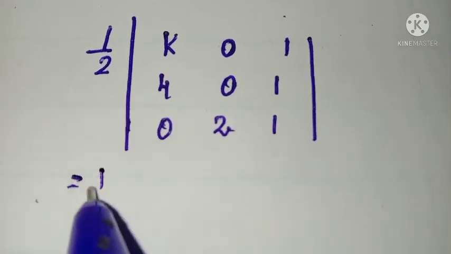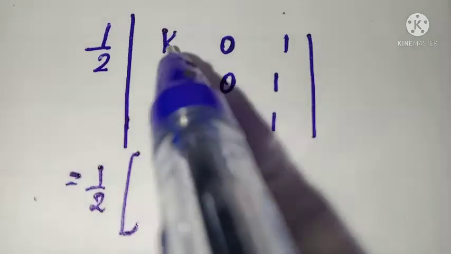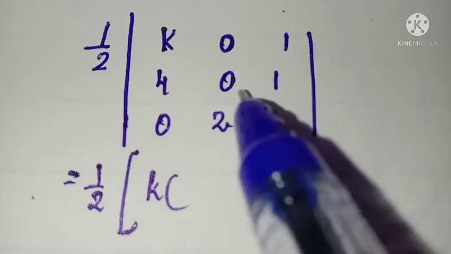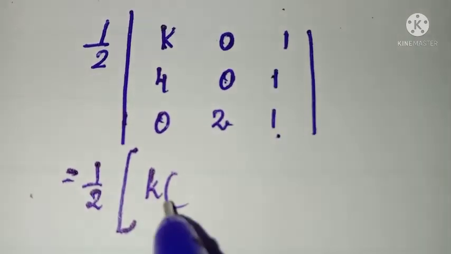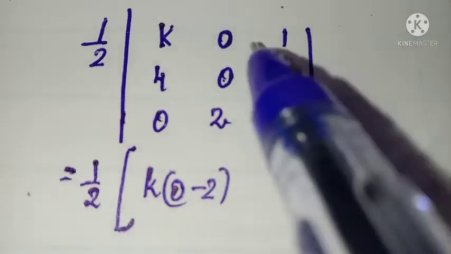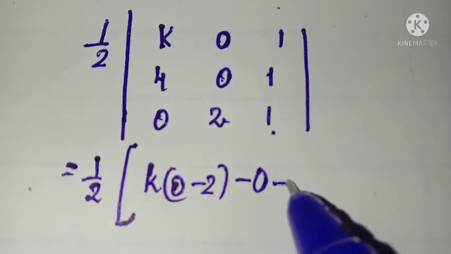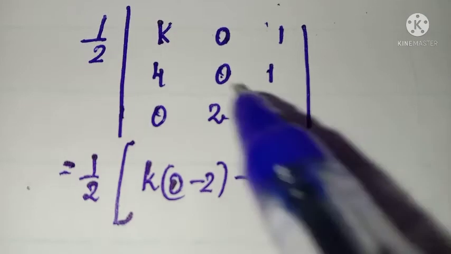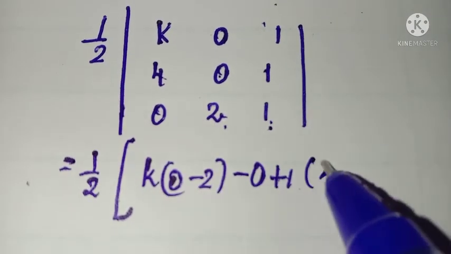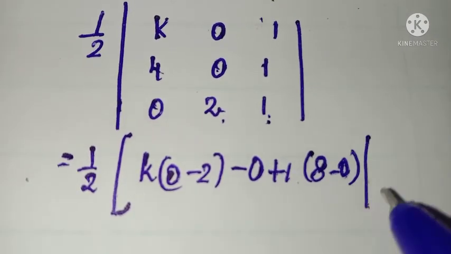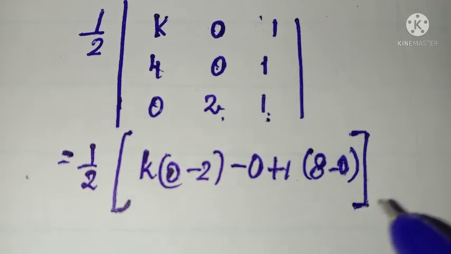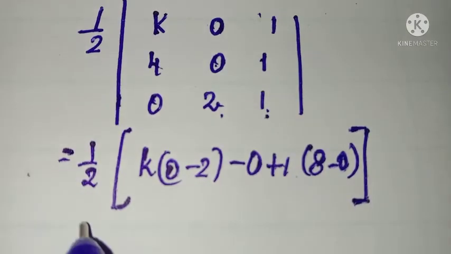So this is equal to half into k into (0 minus 2) minus 0 into, that is 0 itself, plus 1 into (8 minus 0). I hope all of you know how to find the determinant of a 3 by 3 matrix.